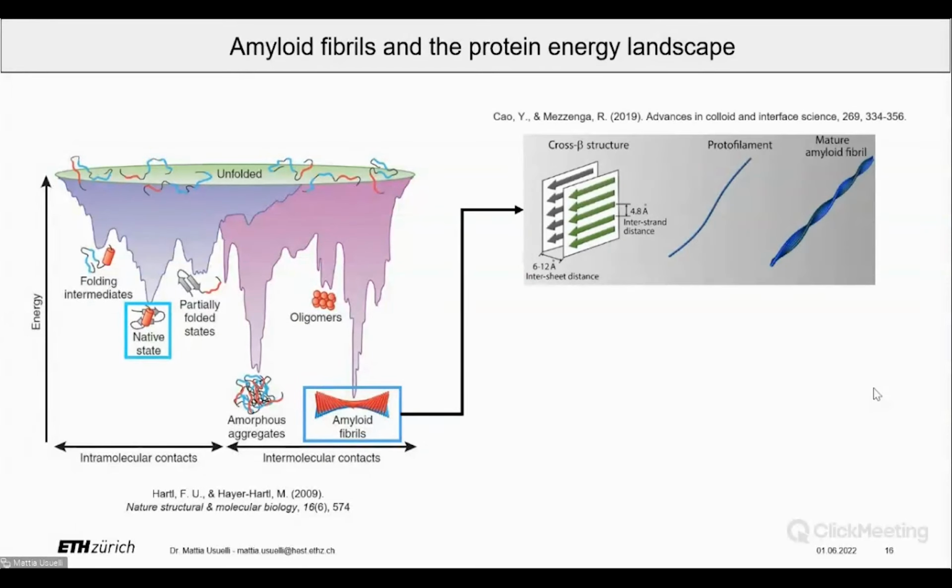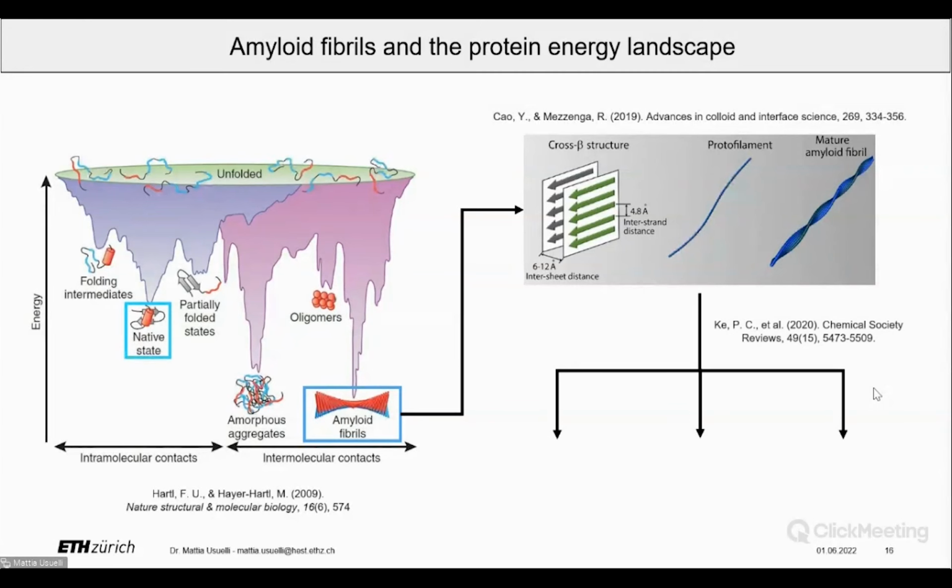More in detail, we have the formation of this cross-beta structure that afterwards forms single protofilaments that laterally aggregate to form mature amyloid fibrils. In this review article, you can see that amyloid fibrils can be, for example, pathological. The formation of amyloid plaques in the body is associated with different diseases, for example Alzheimer's and Parkinson's. They can also be functional.